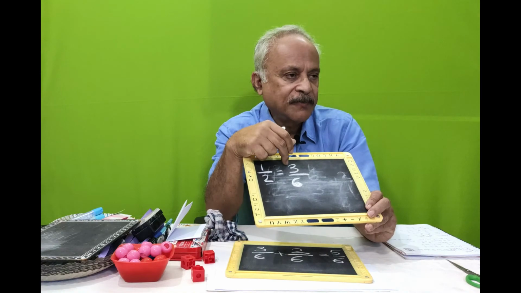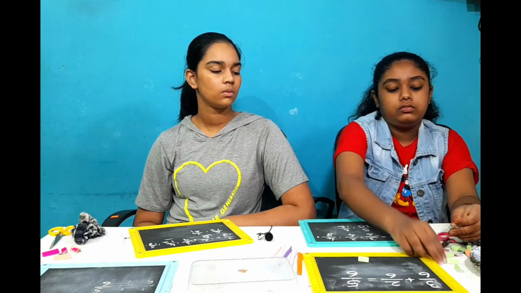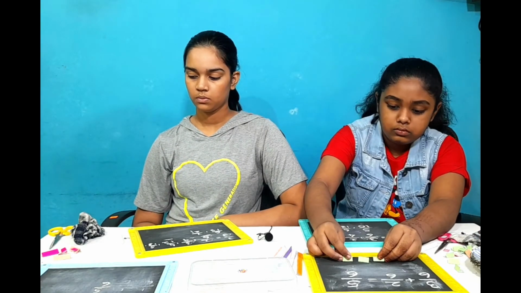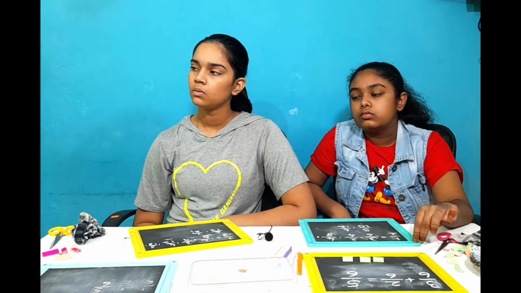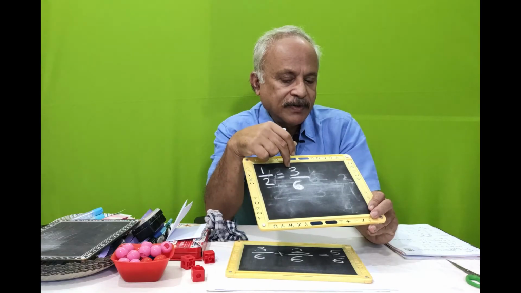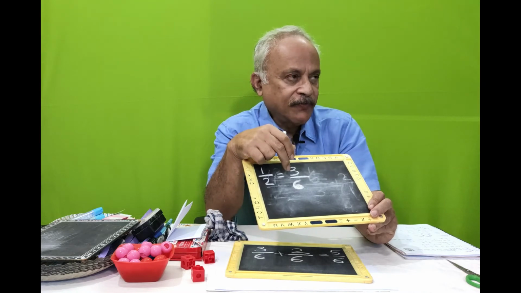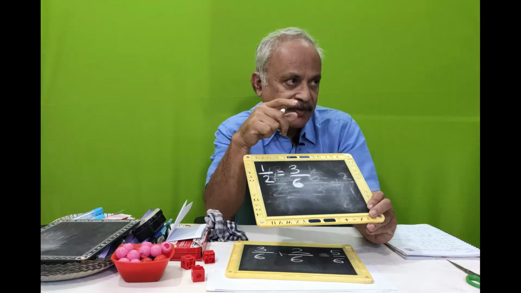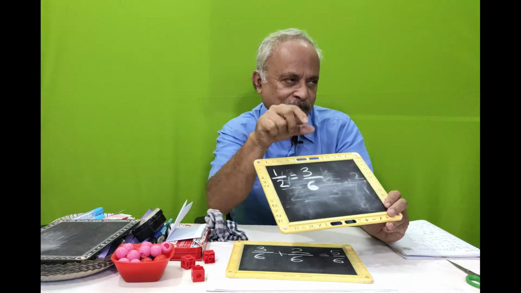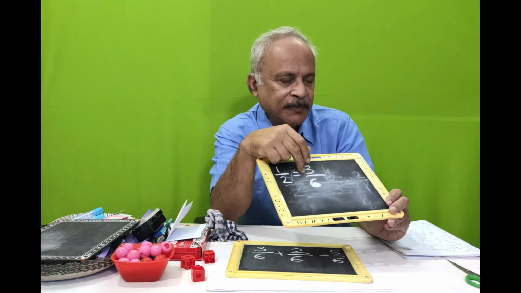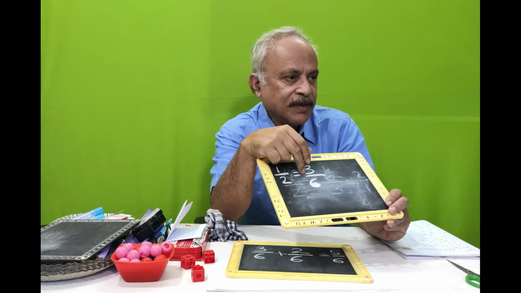Okay, so show me this 3 by 6. So this ratio is made up of pieces of 1 by 6. Those pieces are 1 by 6. So here the pieces are 1 by 6.